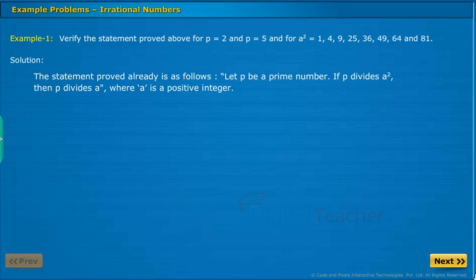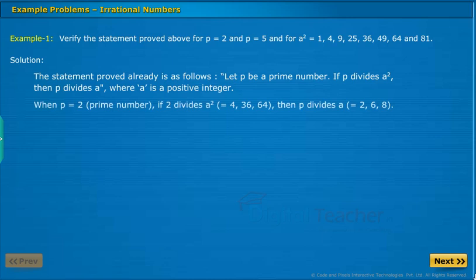If p divides a squared, then p divides a, where a is a positive integer. For p equal to 2, a prime number, if 2 divides a squared equal to 4, 36, 64, then 2 divides a equal to 2, 6, 8.